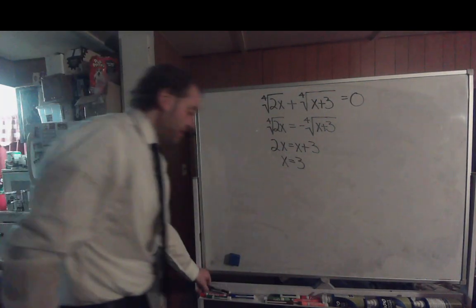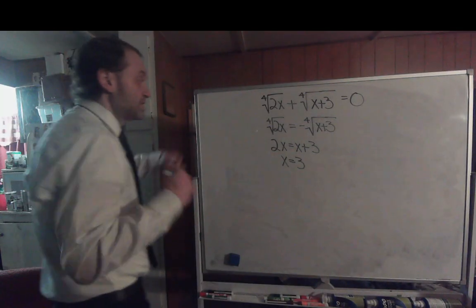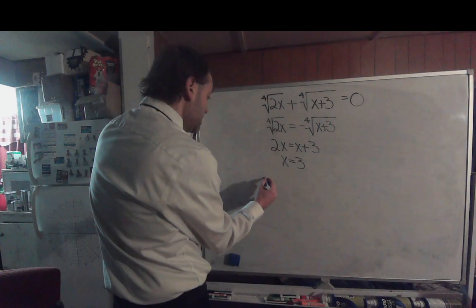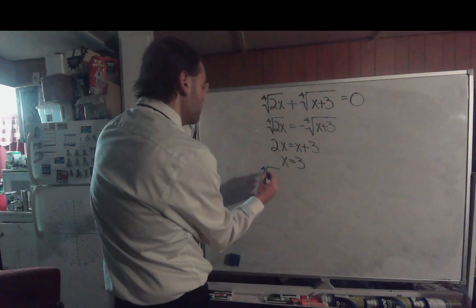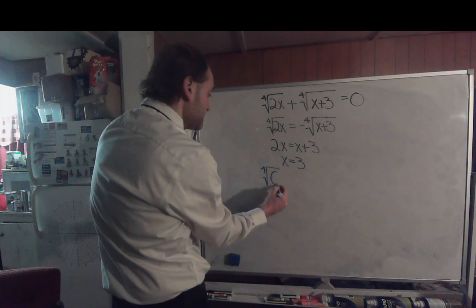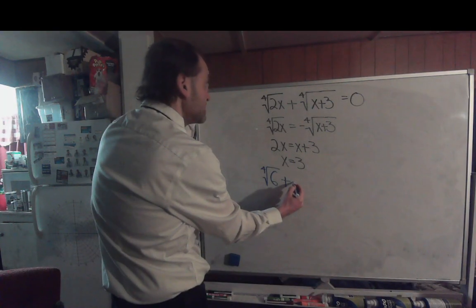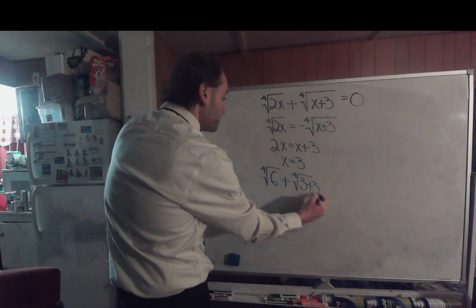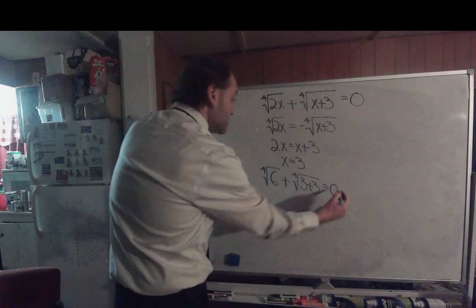We have to check and make sure the solution works. So if you take the 4th root of 2 times 3, well, that's going to be 6, plus the fourth root of 3 plus 3, set that equal to 0.